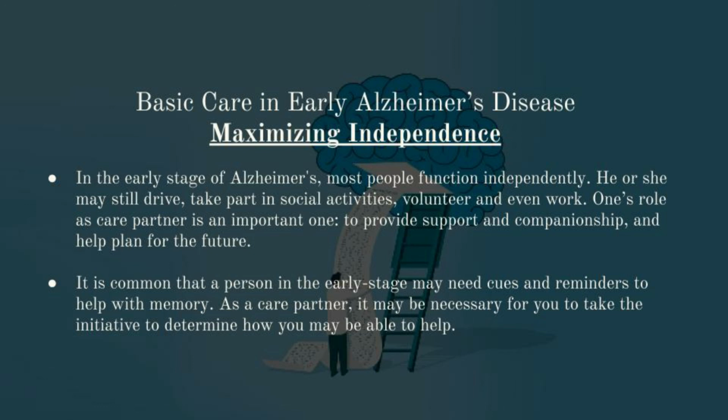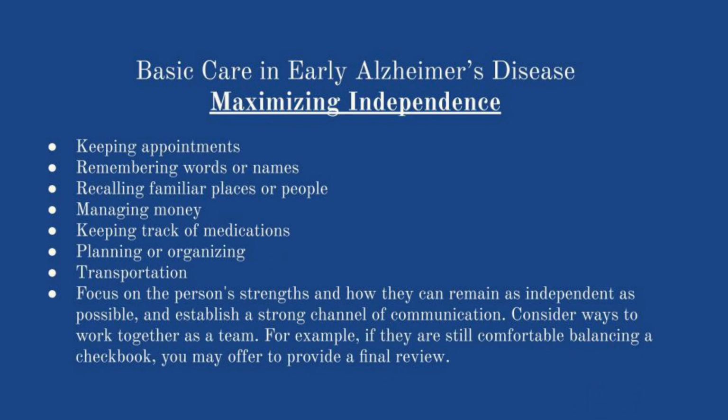Again, as a care partner, it may be necessary for you to take initiative to determine how you may be able to help. For example, he or she may need help with keeping appointments, remembering words or names, recalling familiar places or people, managing money, keeping track of medications, planning and organizing, and transportation.